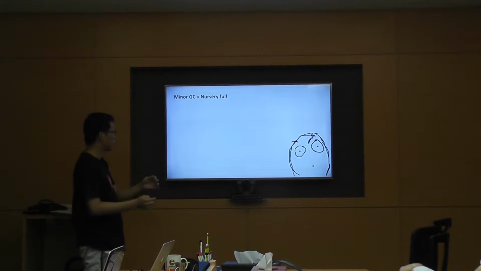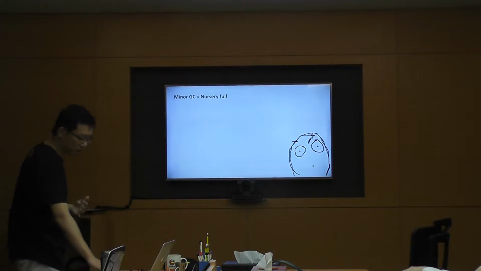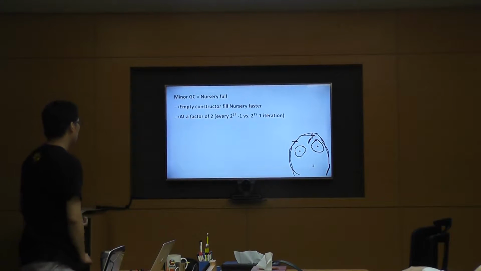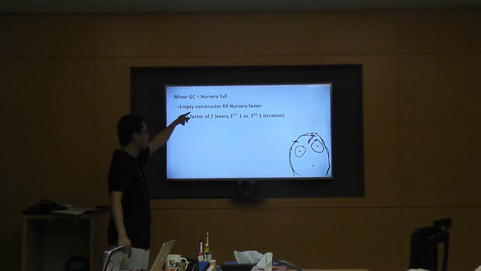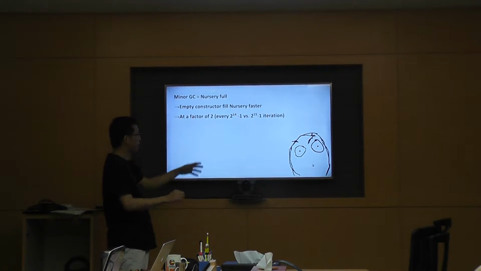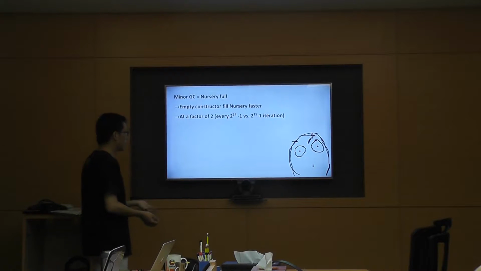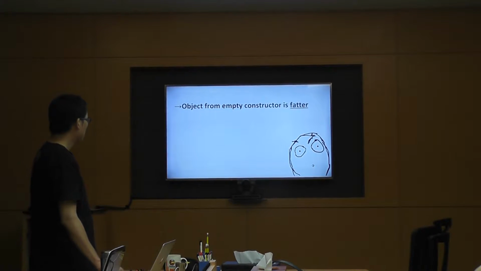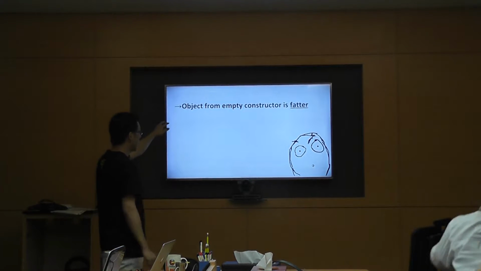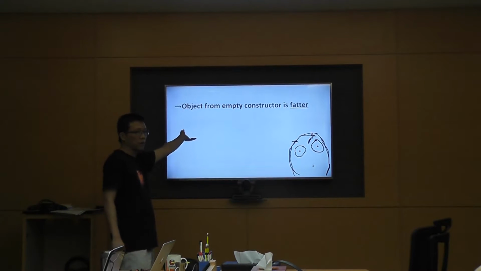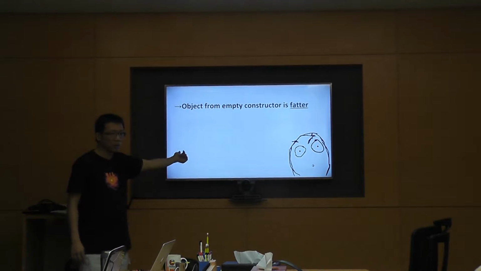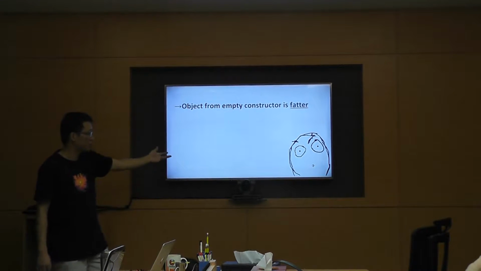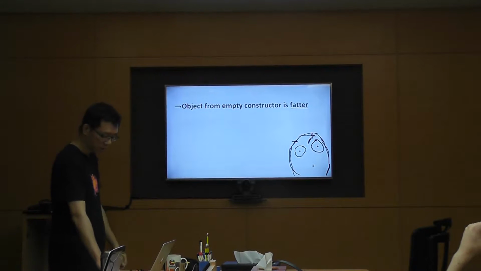When the nursery is full, it needs to trigger the minor GC to clean the nursery to put more objects inside. So I got some clue here. It shows that the empty constructor without members will fill the nursery faster. That's the issue. It also means that the objects from the empty constructor are more fat than the one with two members. So it's very strange.